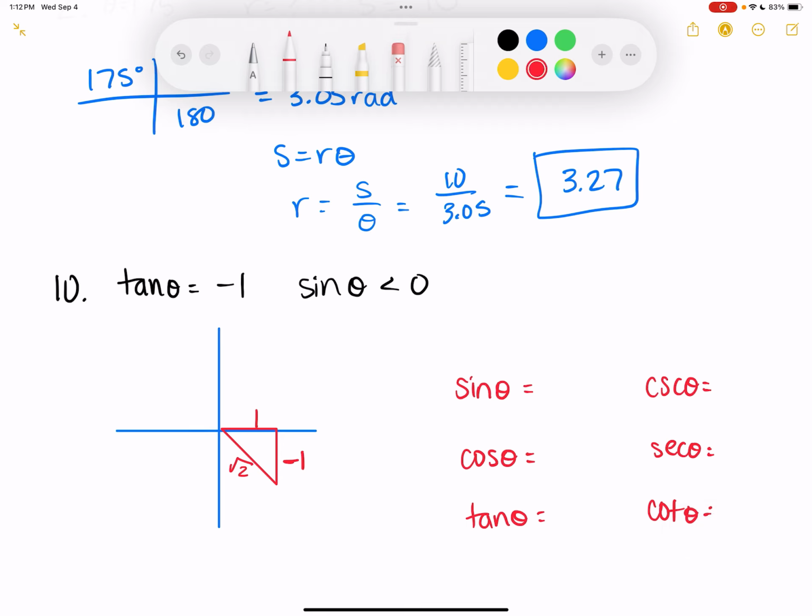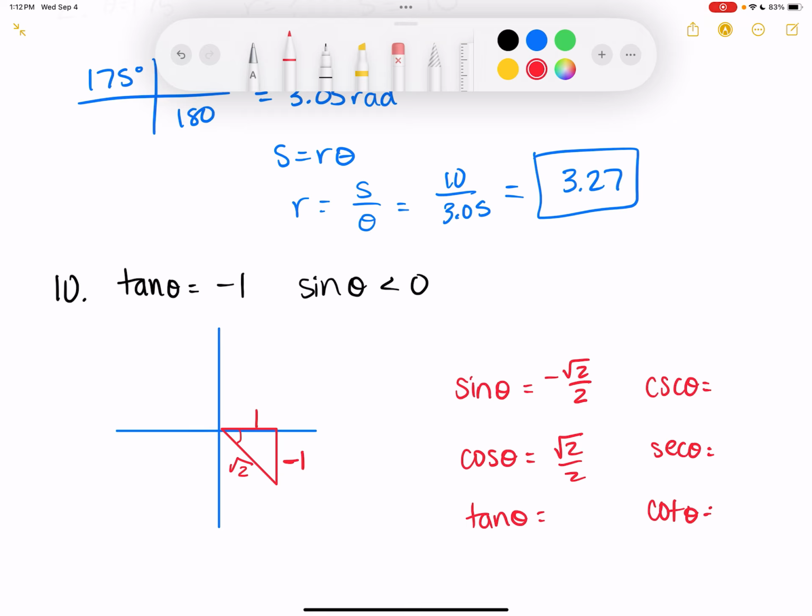So what is sine of our angle? Negative √2/2. Yep. Cosine. Regular root 2 over 2. Tangent. Sorry, I'm thinking. It's -1.